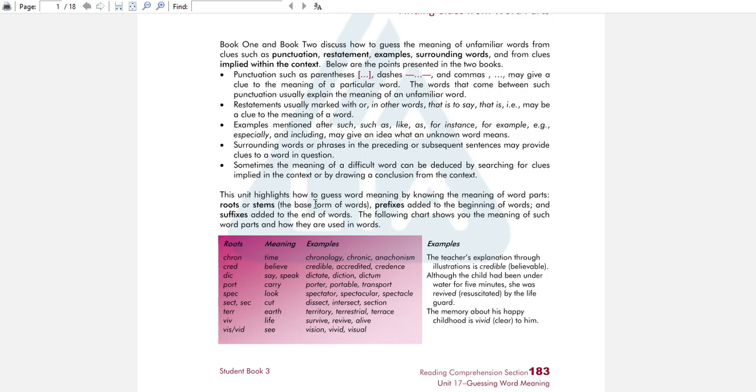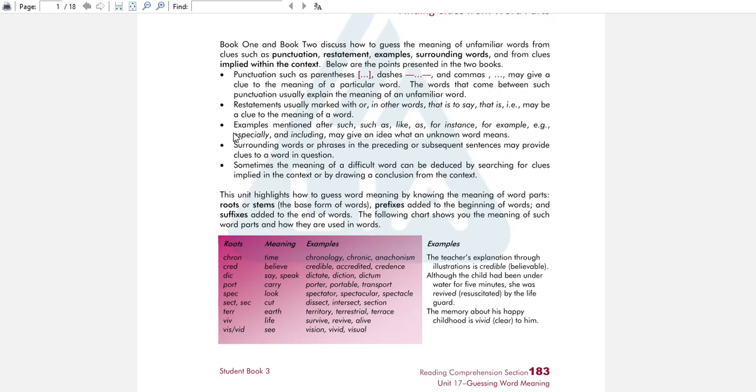It is the base form of words. So as you can see here, this parenthesis explains what the difficult word is. So it already gives you an example for punctuation and restatement.